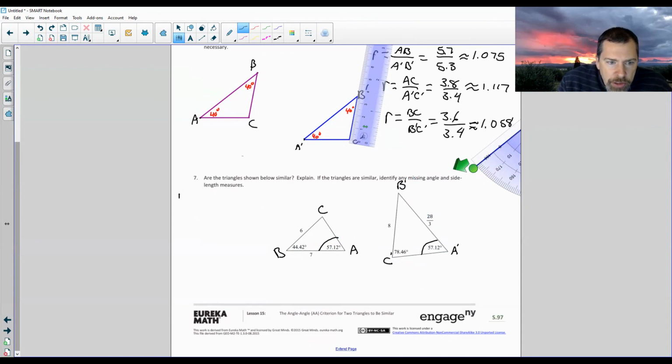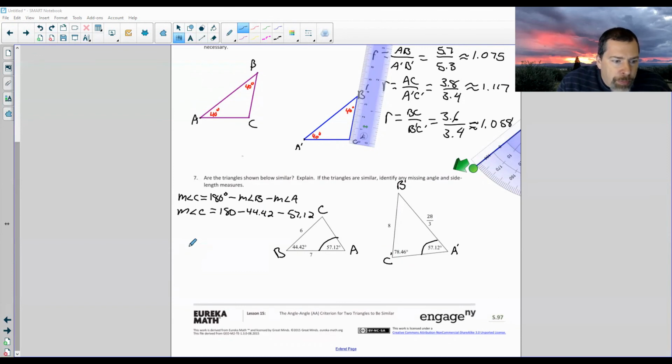So the measure of angle C equals 180 degrees, the sum of the triangle, minus the measure of angle B minus the measure of angle A. So the measure of angle C is going to be 180 minus 44.42 minus 57.12. And since these are decimals and we're on a timed video, I will speed this up by using my calculator, but I would not in the real world. I would do this manually.